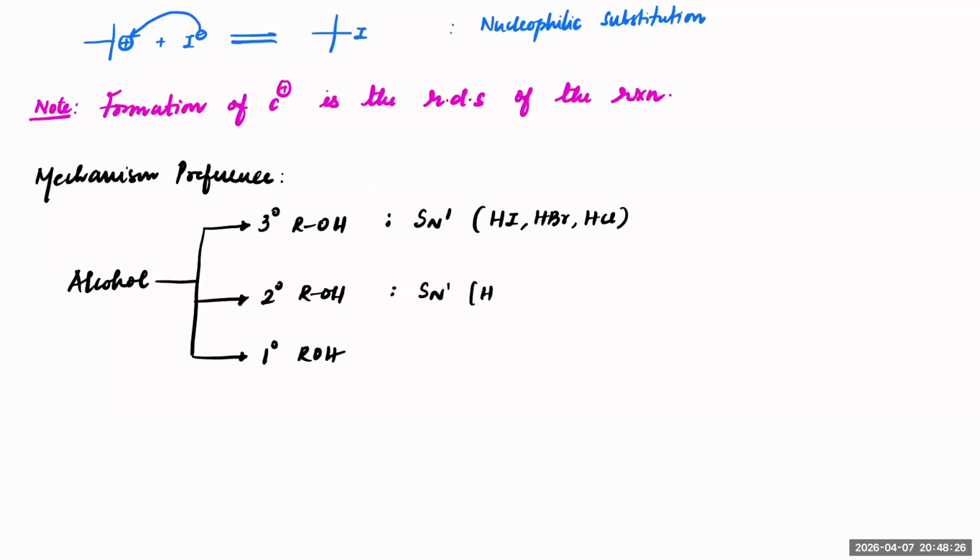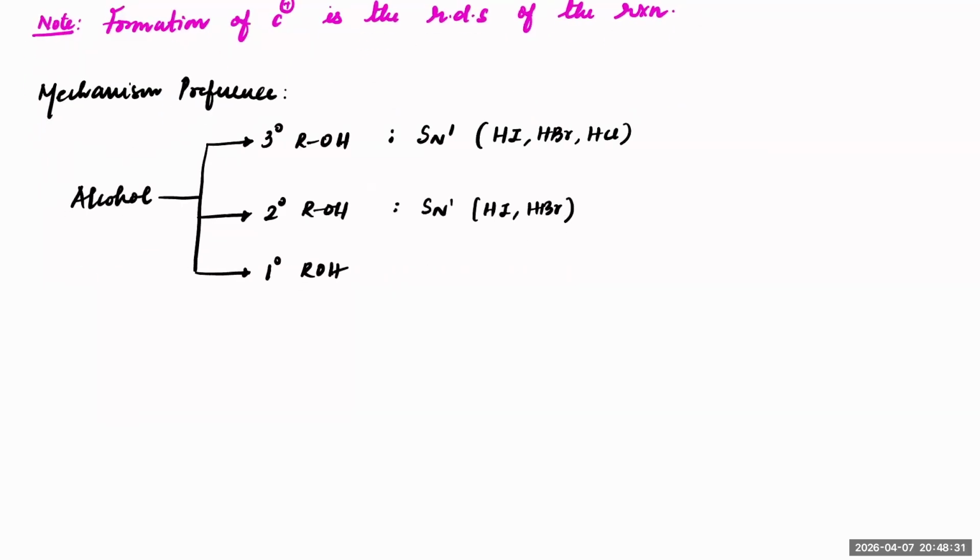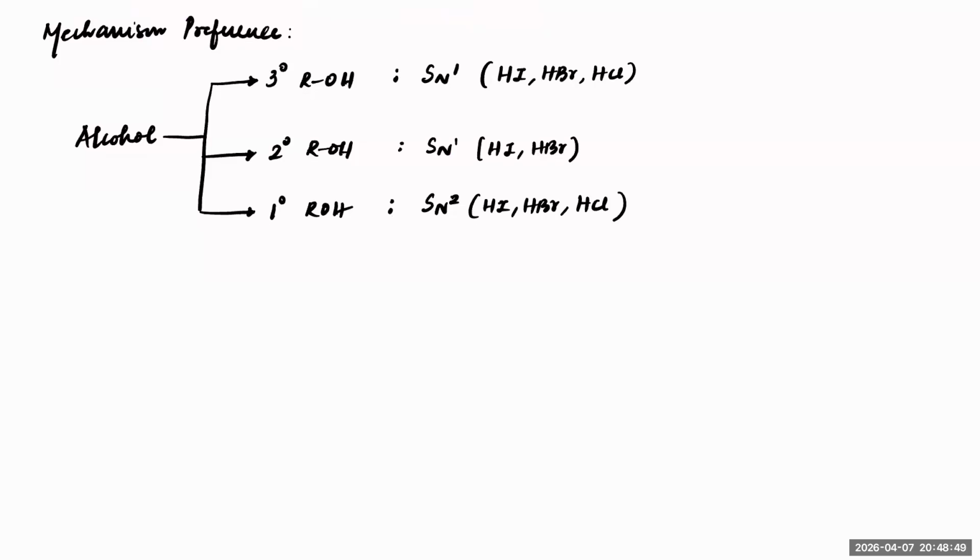In second degree, HI and HBr will definitely give SN1, but when it comes to HCl, there is slight difference there. And when we have 1 degree, it will always give you SN2 with HI, HBr, and HCl. Clear? So this is the first important understanding we should have.